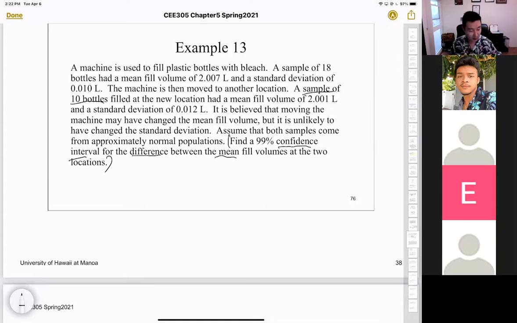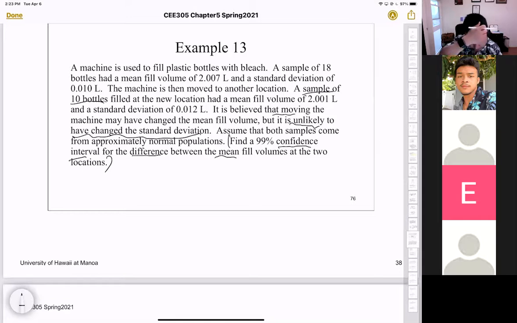For small samples, we should use section 5.6. But the question tells us it is believed that moving the machine may have changed the mean fill volume, but is unlikely to change the standard deviation. That means the standard deviation does not change.